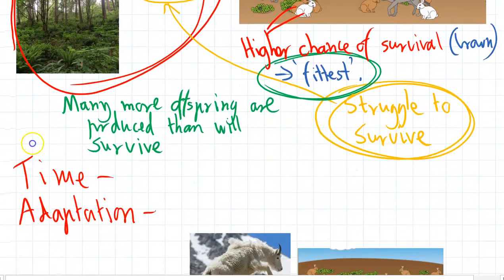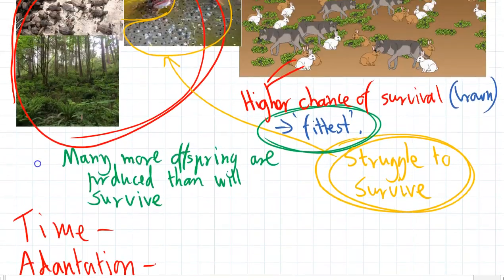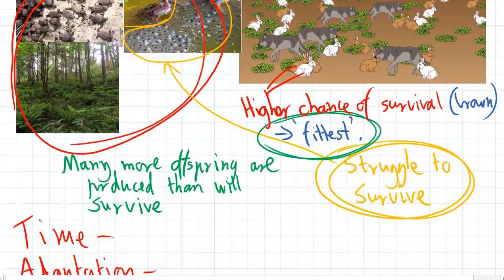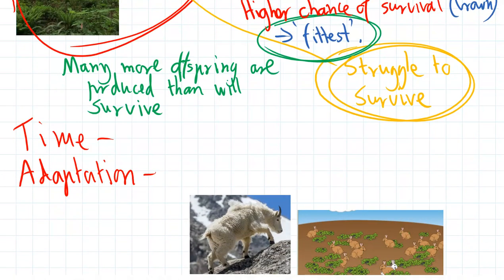Okay. We also talked about time and adaptation last time. So over enough generations, as the most fit individuals keep surviving and the least fit individuals either die early or they just don't breed as often, that means the population will change slightly each generation.